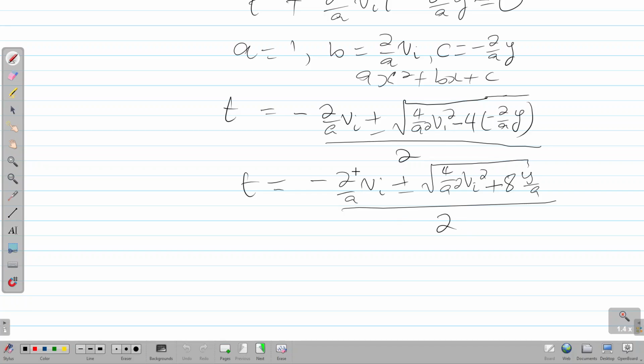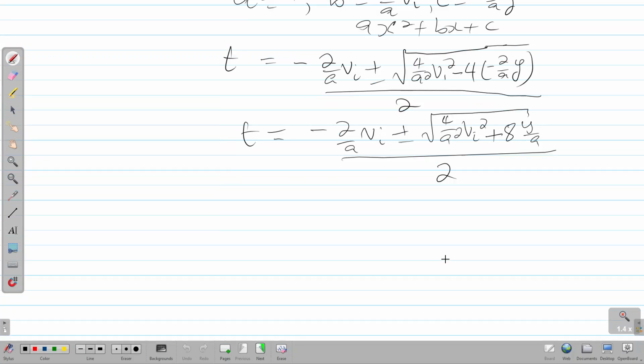So this term, we can give it this denominator, and then this term we can give it also this denominator. So we can go further here. So let's do that.